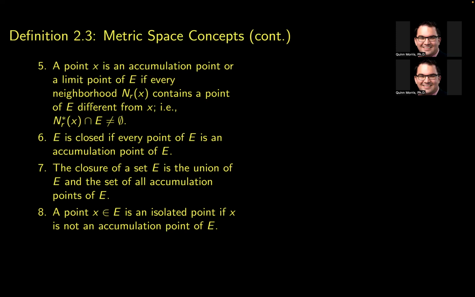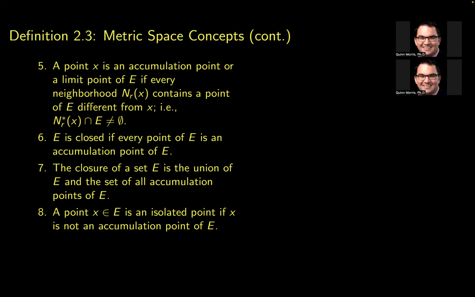So, a point x is an accumulation point, also sometimes called a limit point, of E if every neighborhood N_r of x contains a point of E that is different from x. Said another way, for any r, you want to make sure that the deleted neighborhood of radius r around x intersected with the set E is non-empty.